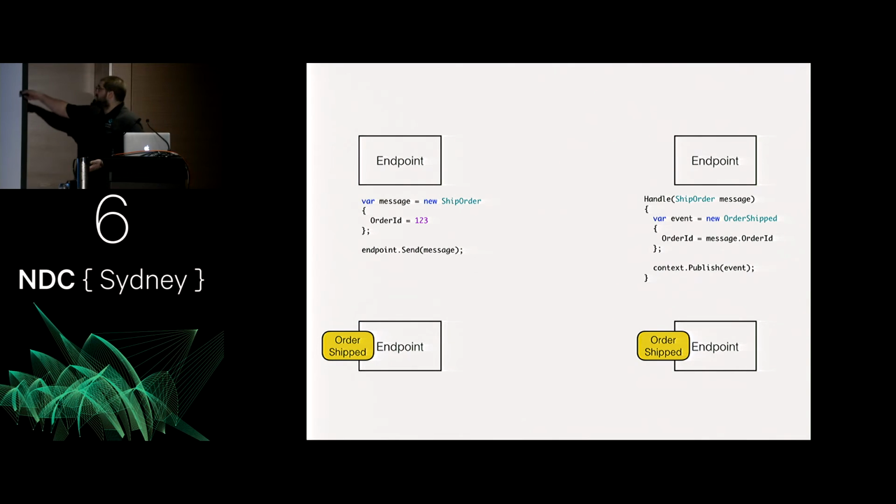Now again, this endpoint, the one doing the publish, isn't aware of the subscribers. It doesn't know who they are. And these subscribers aren't aware of the publisher, so they don't know where that message is coming from.